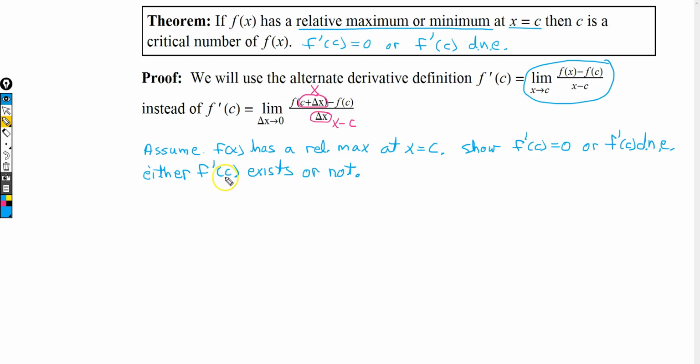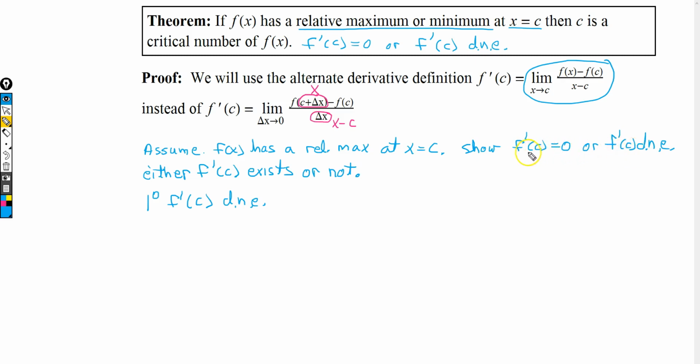So let's look at two cases. The first case, the easy case, is if it does not exist. So case 1, if f prime of c does not exist, well then we're finished, because that's what we wanted to show.